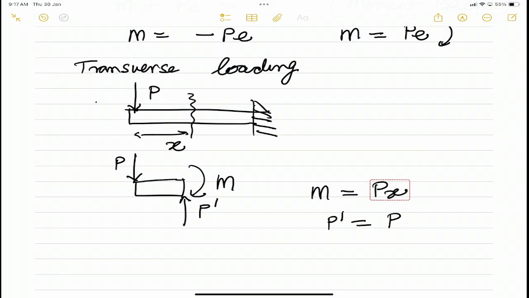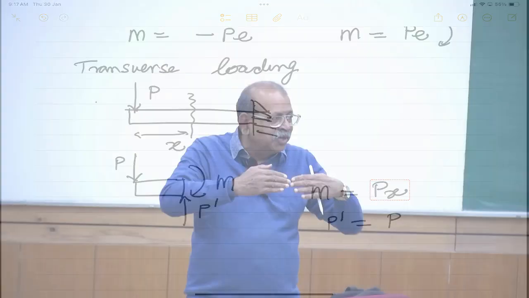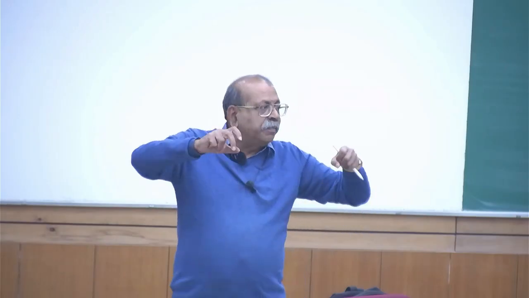So now, what we will do in the next class is, we will look at symmetric members in pure bending. I'll also explain the term symmetric, but in the next class. In the next class, we will do this analysis of what are the stresses which come because of the bending moment.